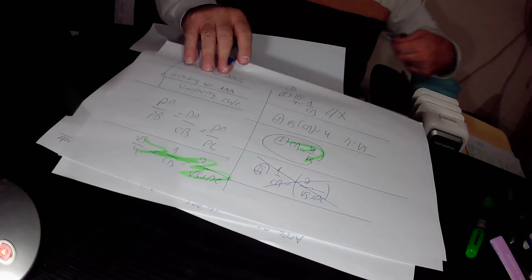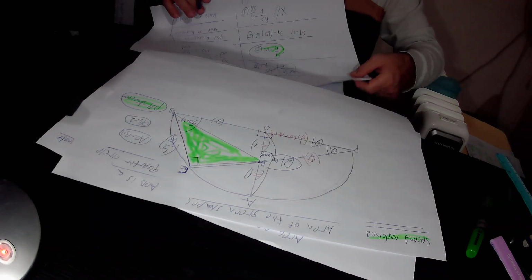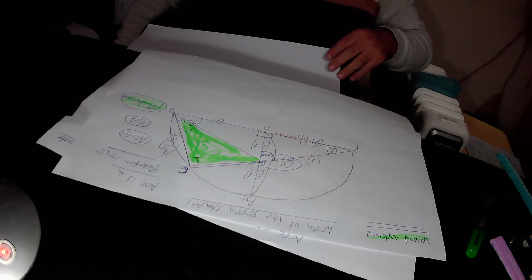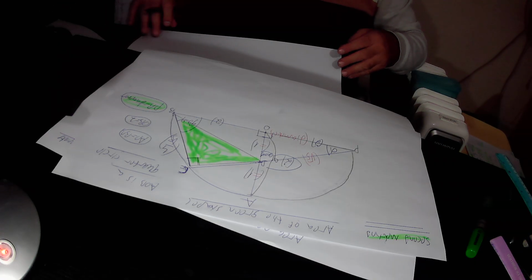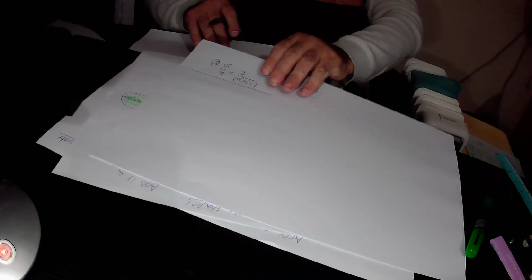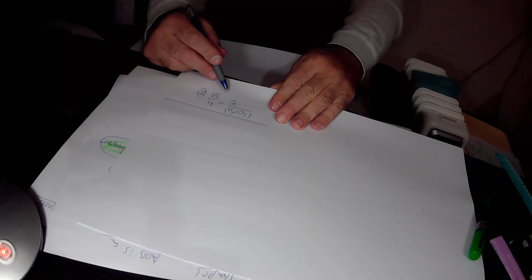And again, according to equation 2, we found out that square root of 5 over 4 equals 2 over square root of 5 plus DC.